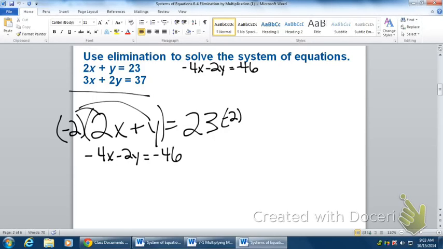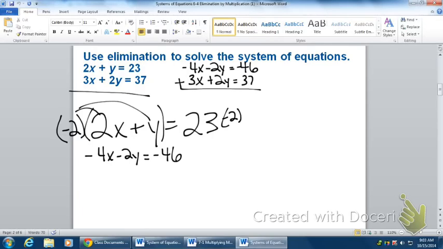For our second equation, we have a 3x, I'm just going to rewrite it down here, plus a 2y is equal to 37. Now, you can see that if we stack these up and add them together, our y's will eliminate, so that we can find x and y. That's our main objective throughout this whole thing: figure out x and y.